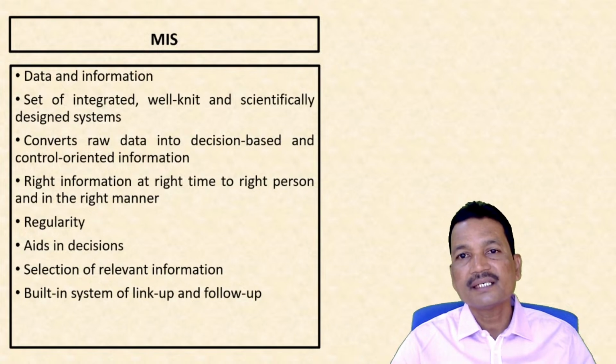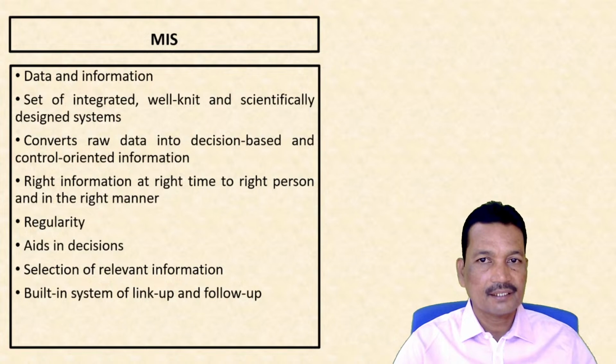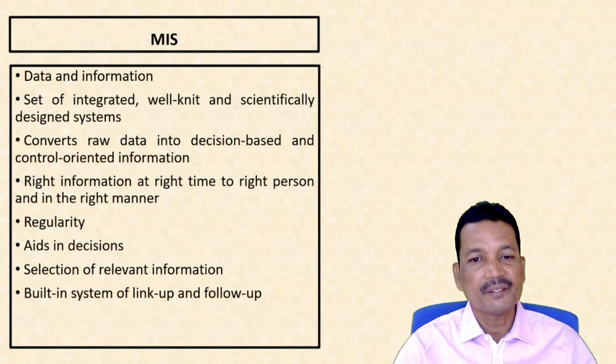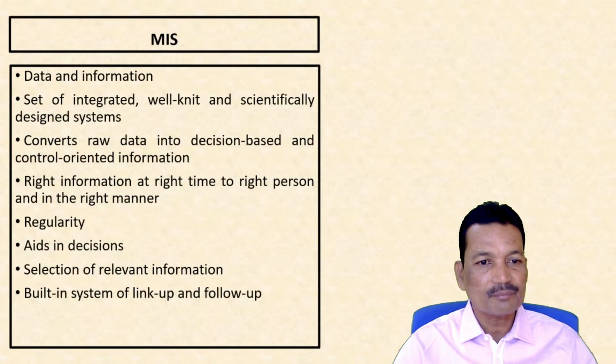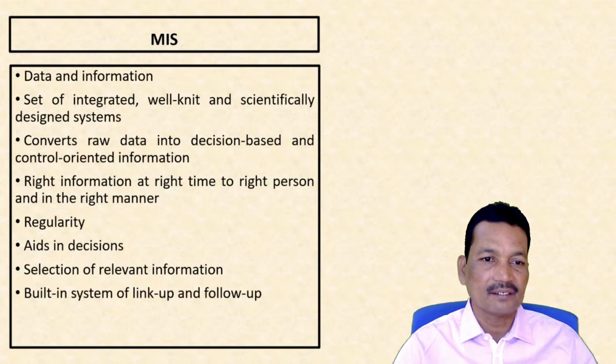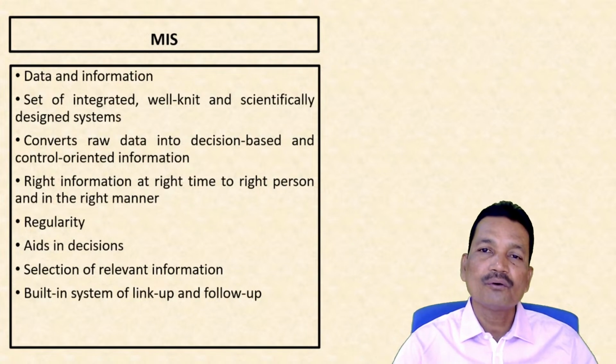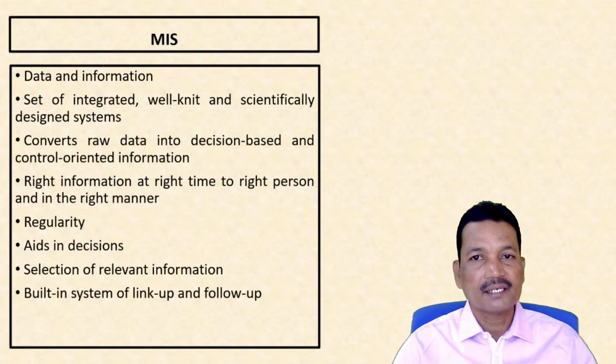So for decision making, things have to be correct in every sense. Be it time, be it the person or the management who is using it, be it the need, that is the information, and how the information is going to be used, that means the right manner. Regularity: the information should flow regularly.